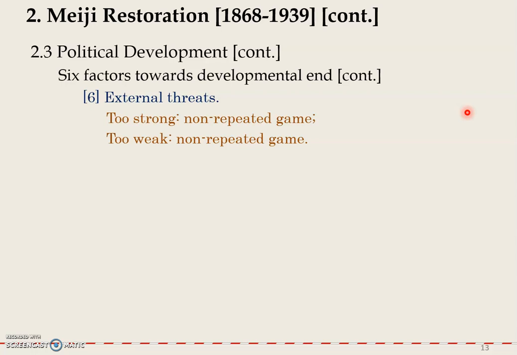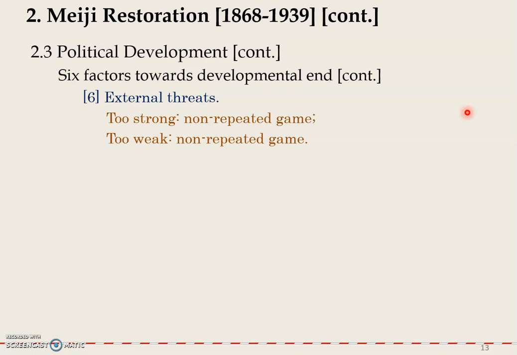Okay, if the external threat is too weak, in other words, there's almost no possibility for the foreign invaders to come into the country and take everything away, then the ruling elite don't have to worry about that, so they can just do whatever they want to do.